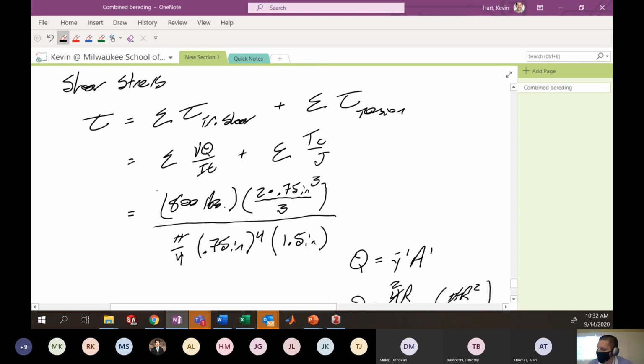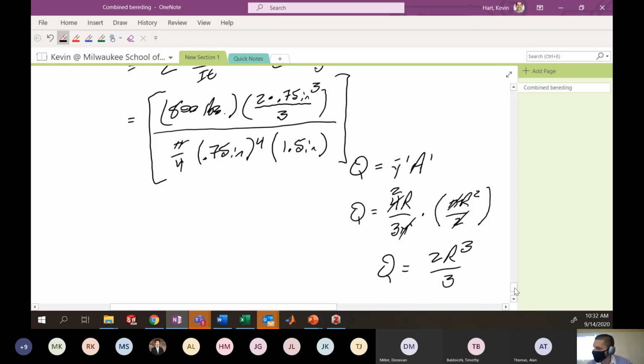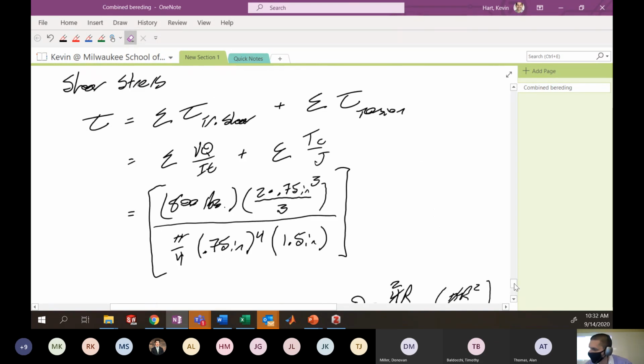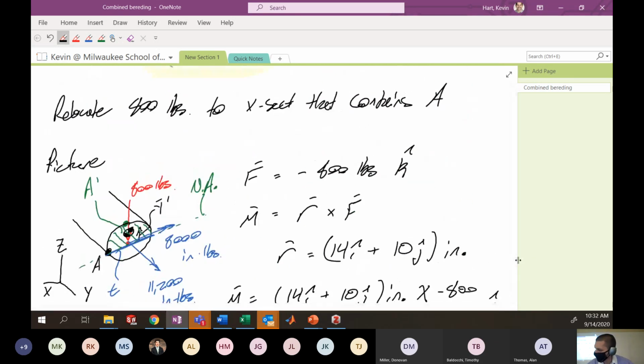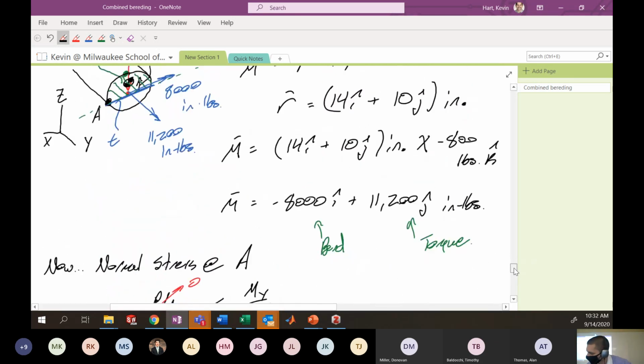All right, so here's my transverse shear component. I'm going to add to this my torsional component, which is T C on J. And I do have one torque here, which is 11,200 inch-pounds, and this is in the positive y direction.